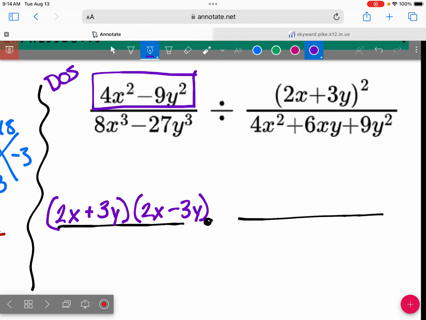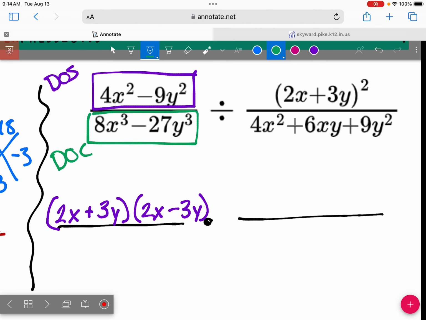How about this bottom one? It's our difference of cubes. I'll call it a DOC, difference of cubes, which is another special pattern. It's just a different special pattern.